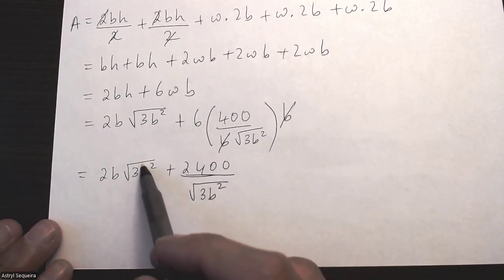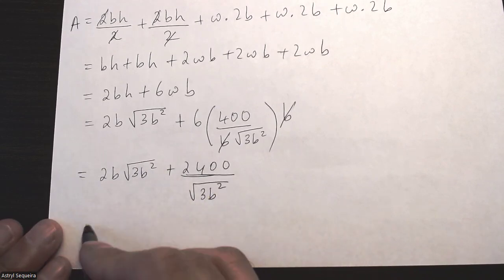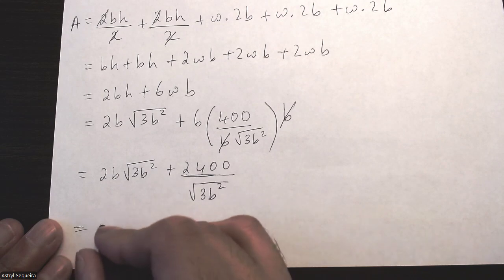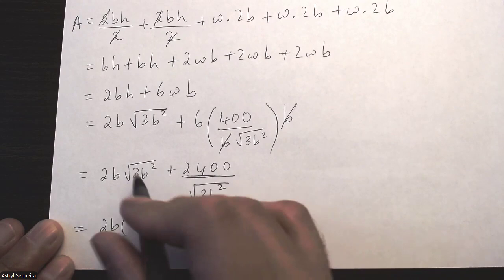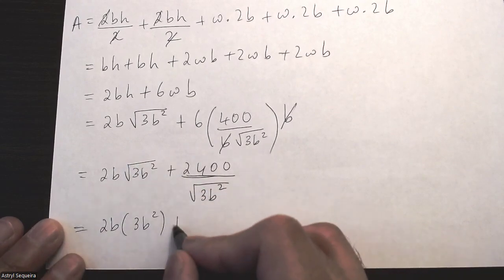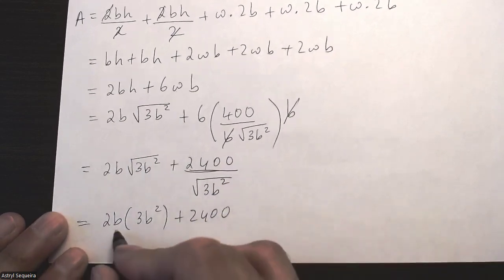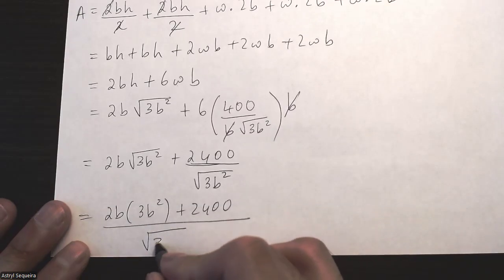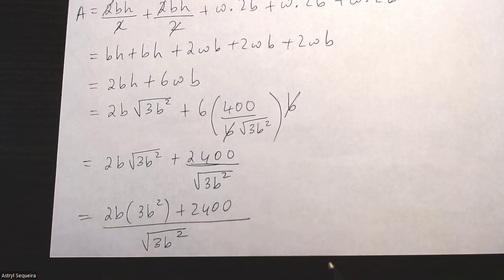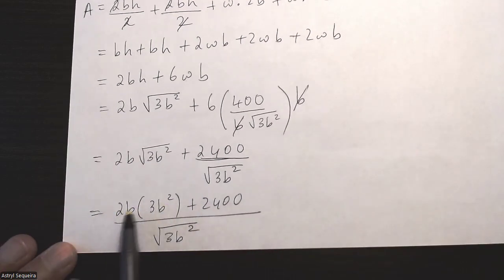So I'm going to multiply the top and bottom here by square root of 3b squared. So this just becomes 2b times 3b squared, because the square root times the square will cancel out, plus 2400, divided by square root of 3b squared. And then I can multiply these two terms together.